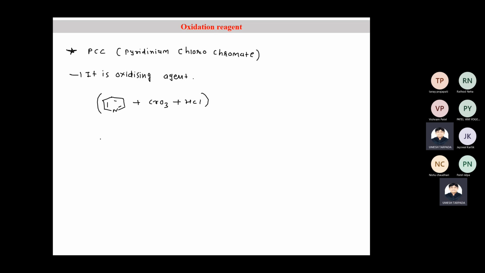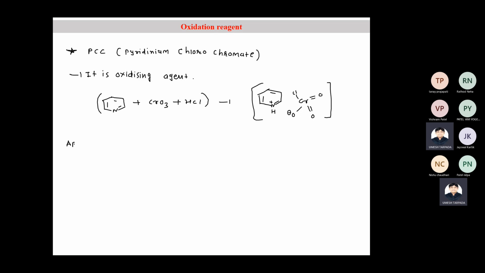So this is called pyridinium chlorochromate. You get this type of salt. Protonation takes place over here. This is a pyridinium ion plus, and the chlorochromate ion has a minus charge. This is called the pyridinium chlorochromate ion pair.